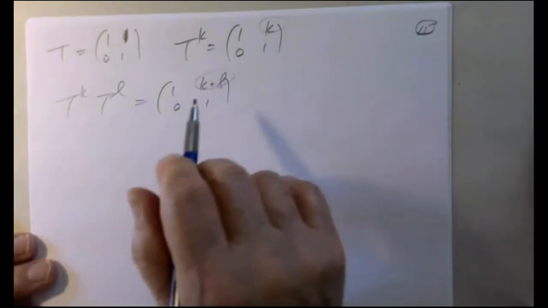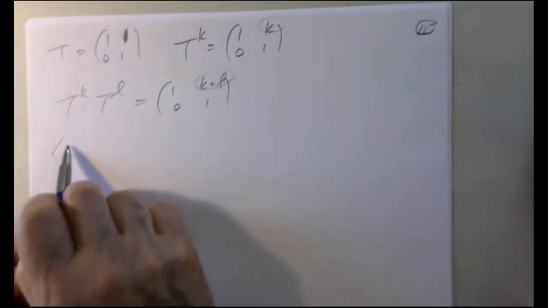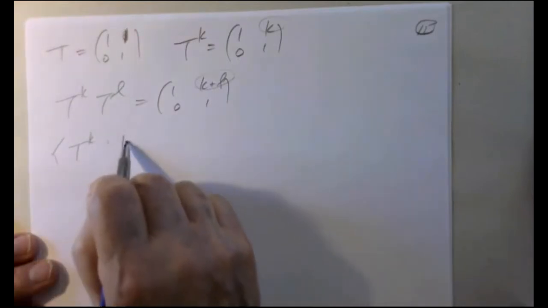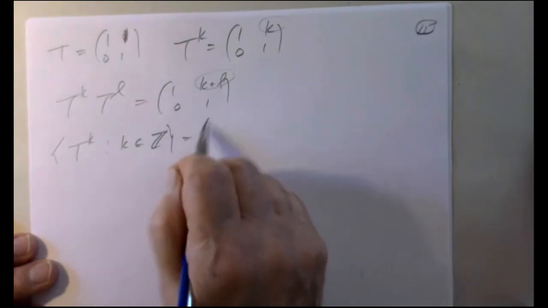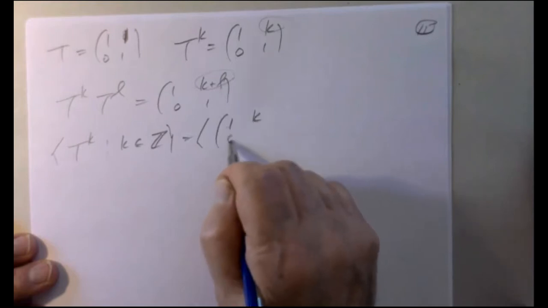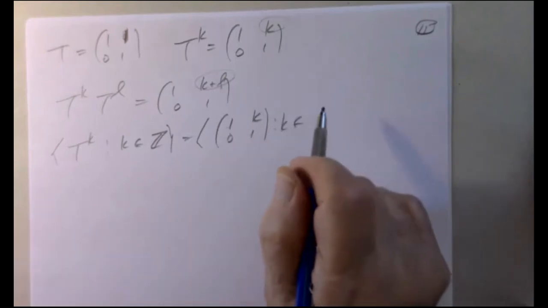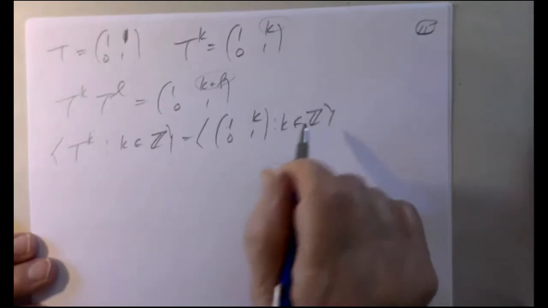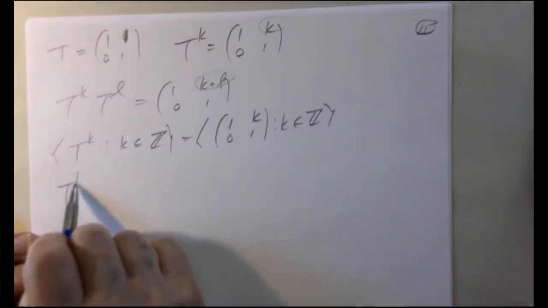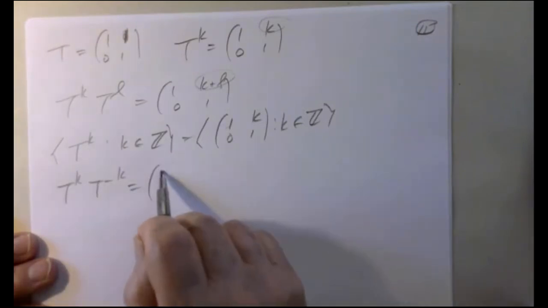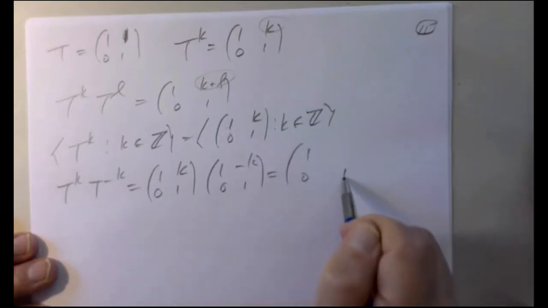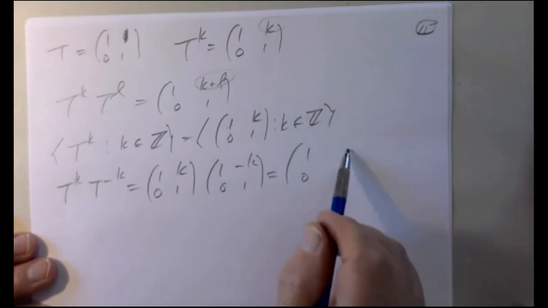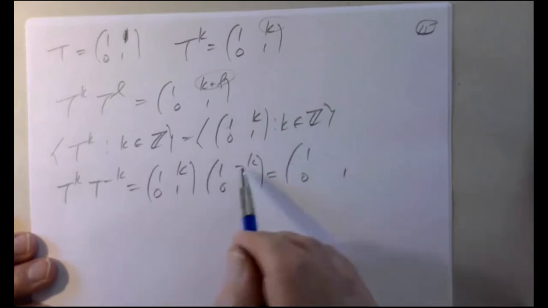And this is a very important matrix. It's in SL2Z. So the set of all powers of T, positive and negative and 0, is the same as the set of all matrices 1, k, 0, 1 for k in Z. And you notice if you have T to the k times T to the minus k, that's 1, k, 0, 1 times 1, minus k, 0, 1. When you multiply them, the only thing that changes is the upper right-hand corner, and you get the sum, k minus k is 0.